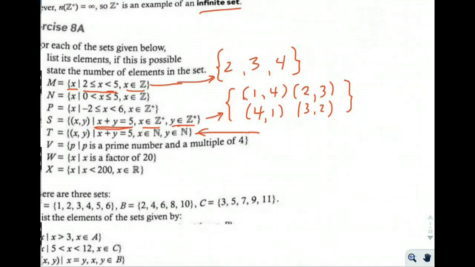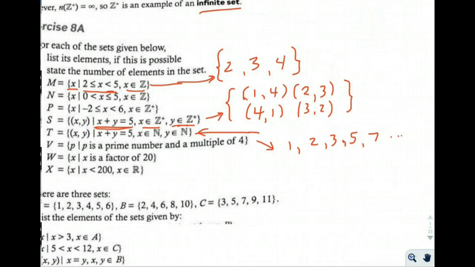Let's do this one. V is the set of numbers p such that p is a prime number and a multiple of 4. Well, what are the prime numbers? It's like 2, 3, 5, 7, and so on.